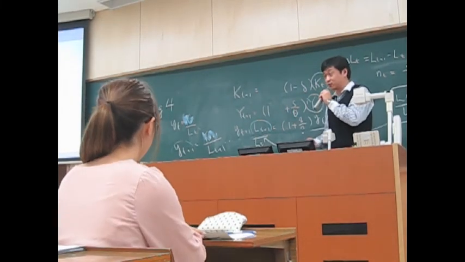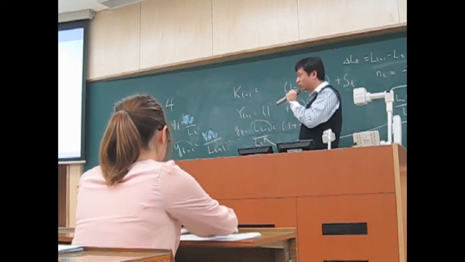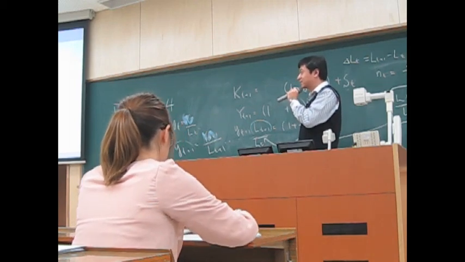This shows the relation between the income per worker at time t plus 1 and that at time t.